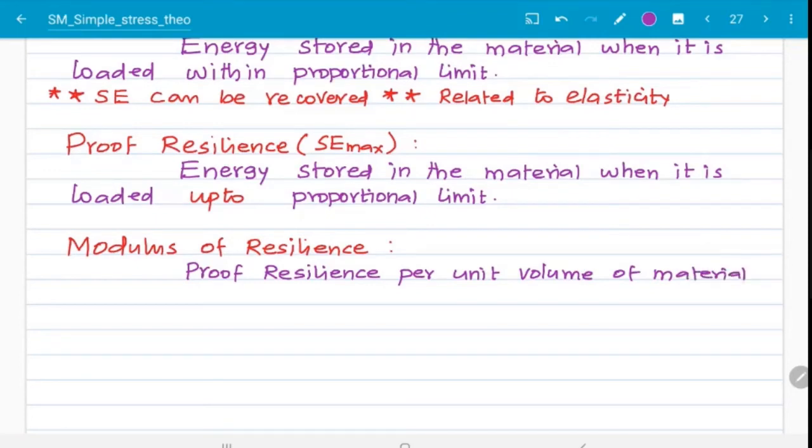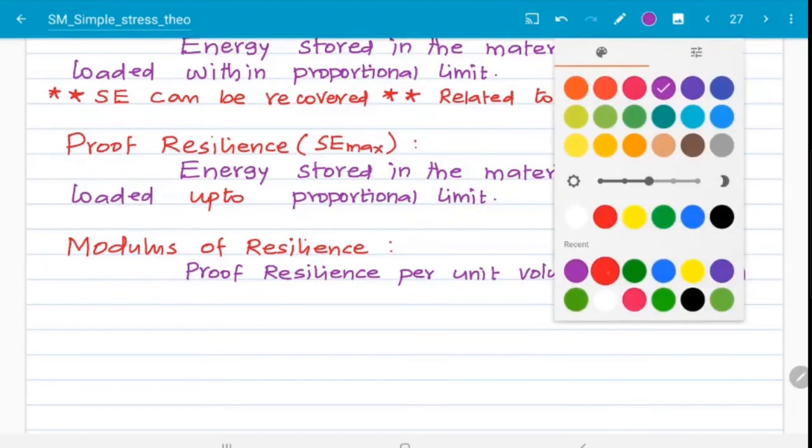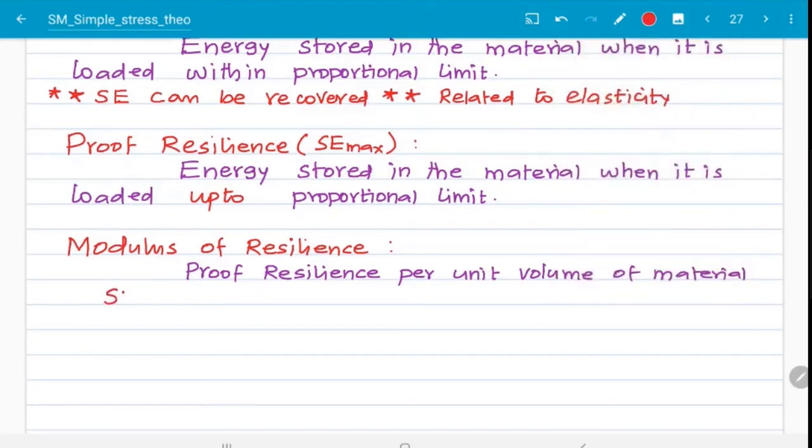It means SE max per volume. Okay. Right. So this is used for comparison purpose. Used for comparison of materials.